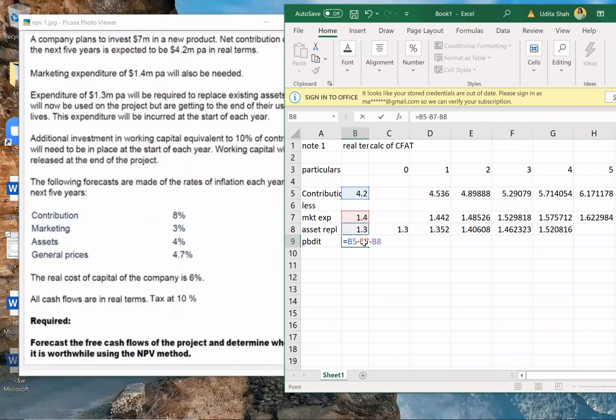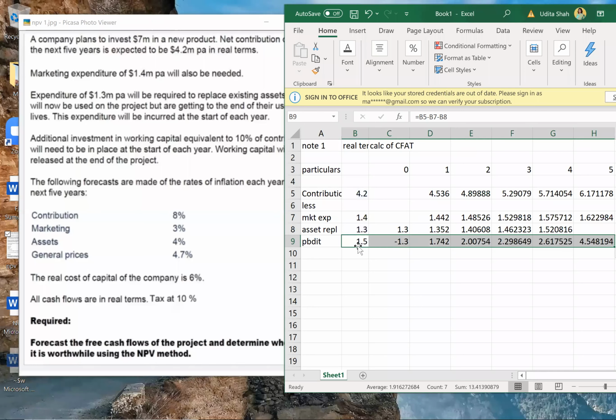Even if you don't take in real terms, that is okay, because our answer will not need it in real terms. So just check if you're getting these PBDITs.